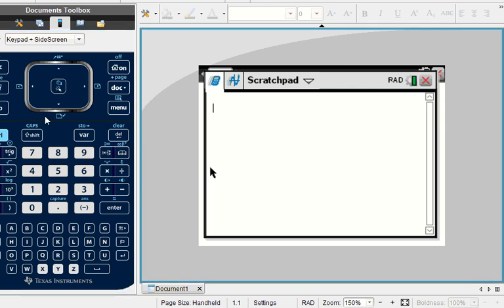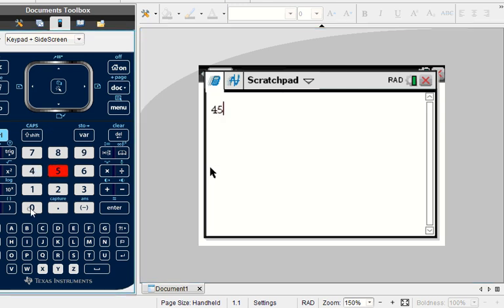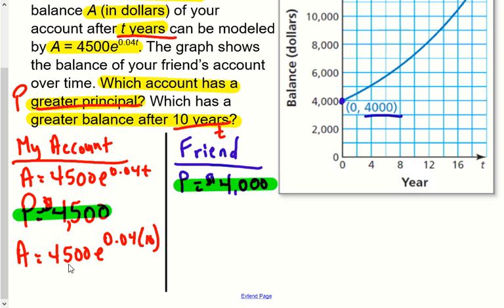So right here we have 4,500 e to the 0.04 times 10. And that's going to give us 6,713.21. So that's going to be our balance after 10 years.